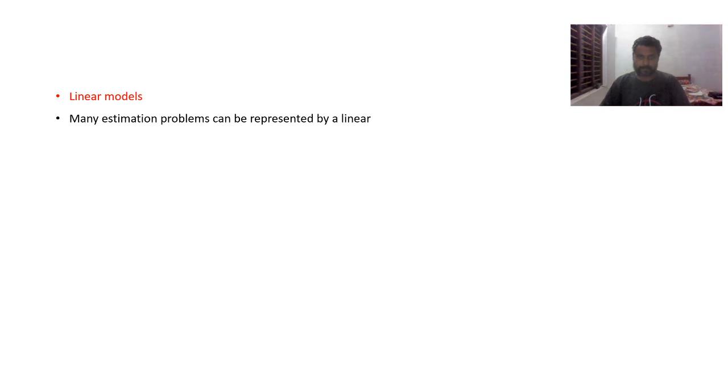So we can define the general expression of the linear model by referring to the previous example, that is the line fitting example I discussed in the previous video lecture. Just recall that one, and the same observation we are taking here for defining the linear model.